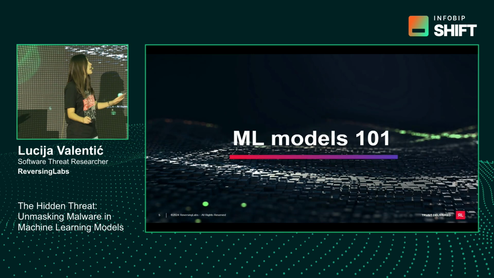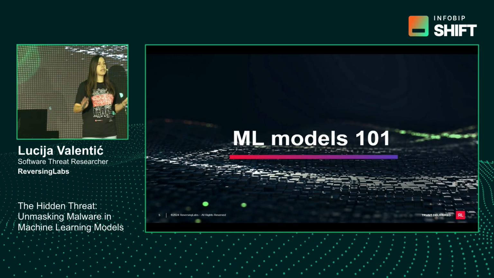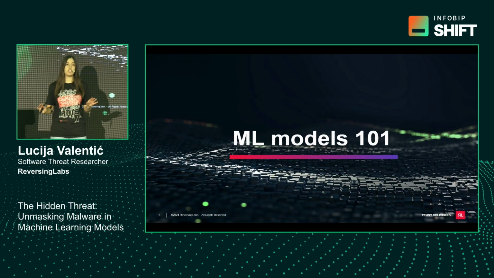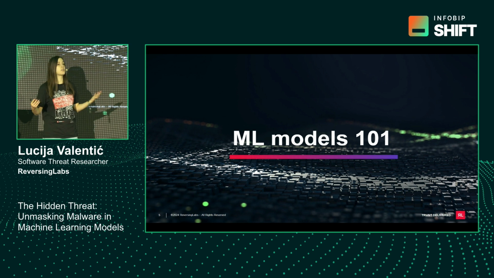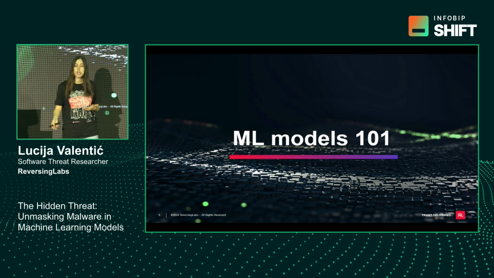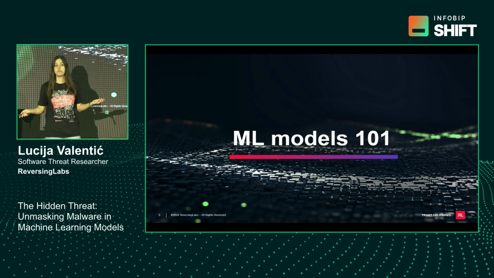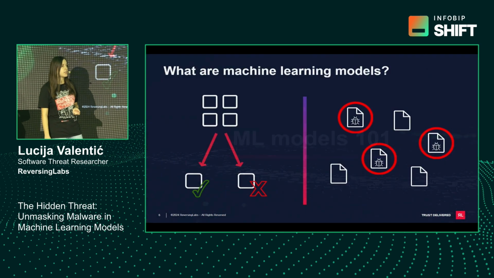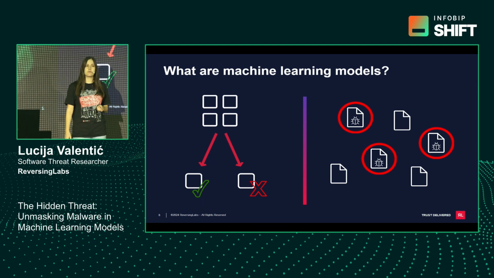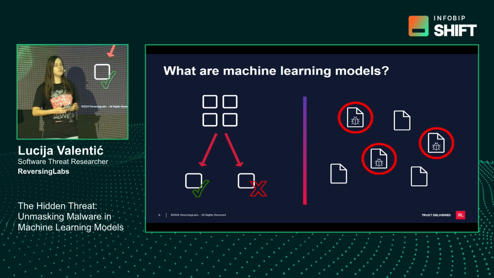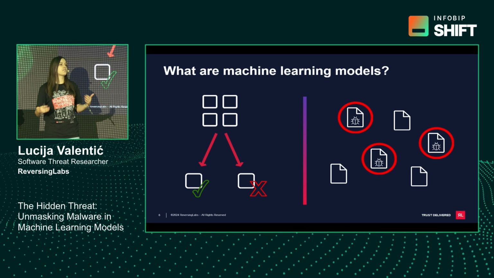First, let's cover some basics. Let me make a brief introduction into what machine learning models are, what they are used for, why they are saved, and where pickle comes into all of this. So, machine learning models are a type of mathematical model that are used for various functions.